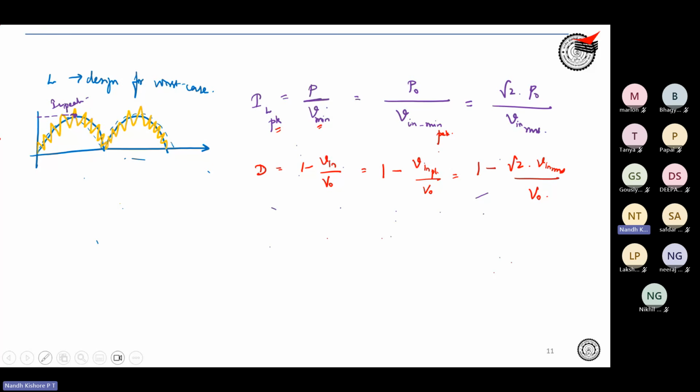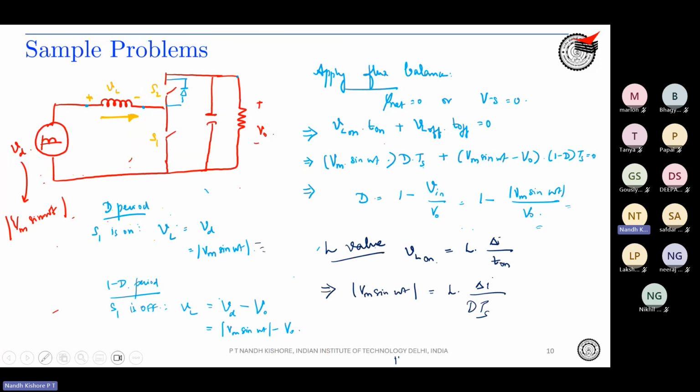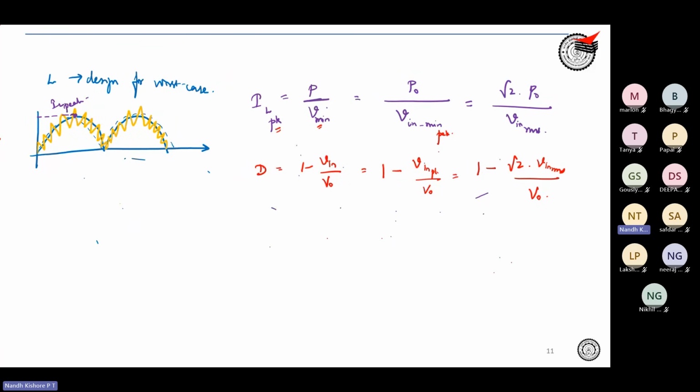We will use the equation we just saw in the previous slide, that VL on is L into delta I by T on. So Vm sin omega t is L into delta I by dTs. So L is Vin into D divided by delta I into Fs.